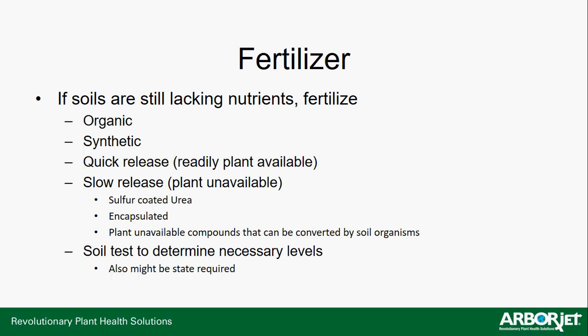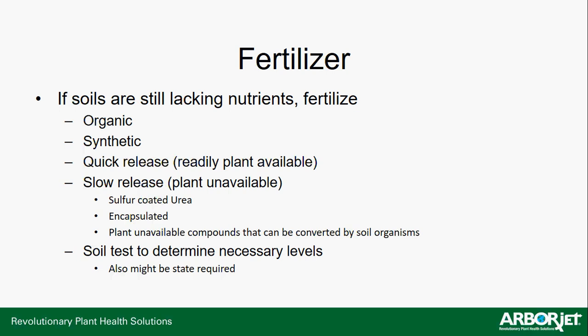Urea is a pretty common form of nitrogen. They would put a sulfur coating on the nitrogen, so the sulfur would break down with water, sunlight, and time, and then as it breaks down, the urea is released.